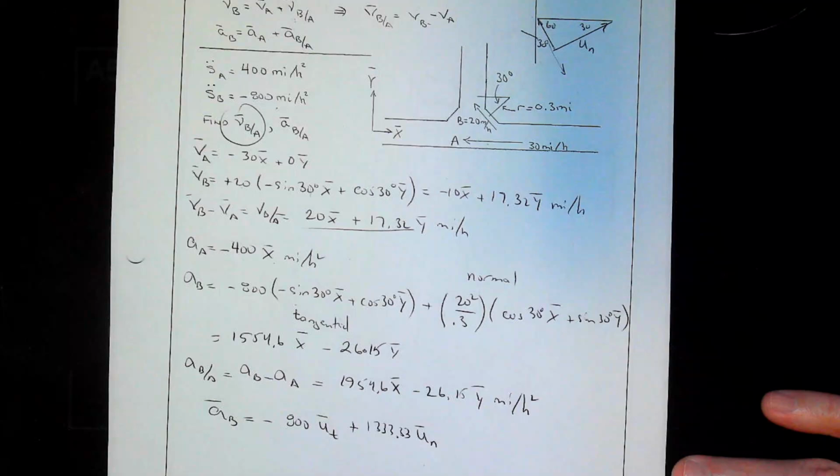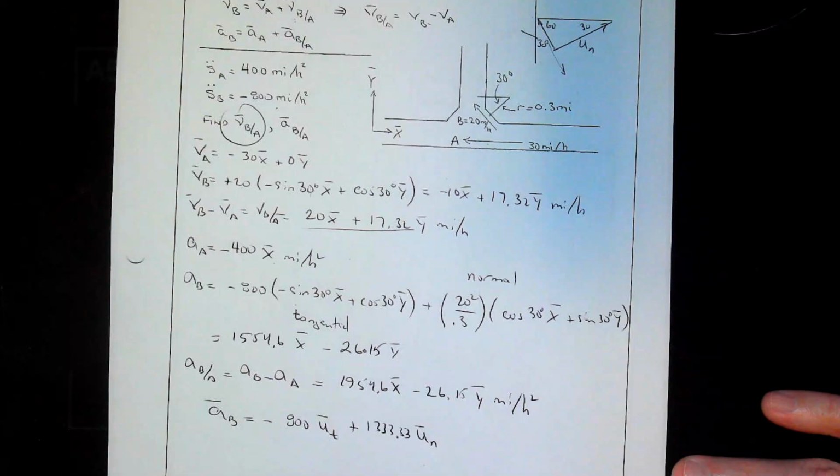Now we just have to form VB minus VA, which is VB with respect to A. I'm not going to bore you with the computation, so I'll just write down the result. You can check it. And that's it.